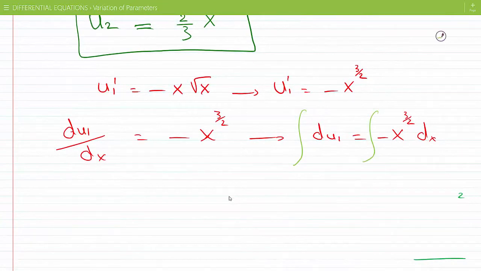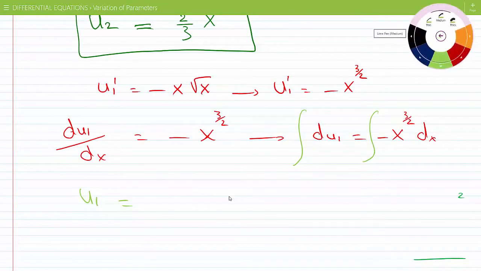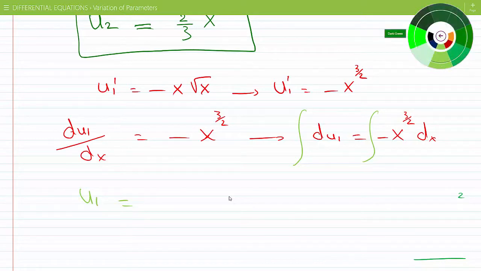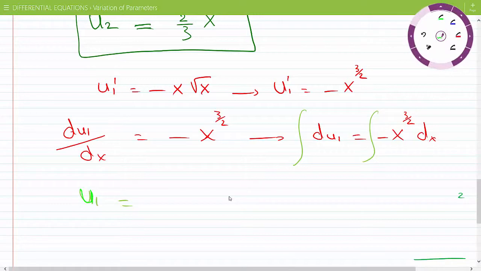And so we will get u1 to equal, this is a little bit light here, let's choose another color. How about this?